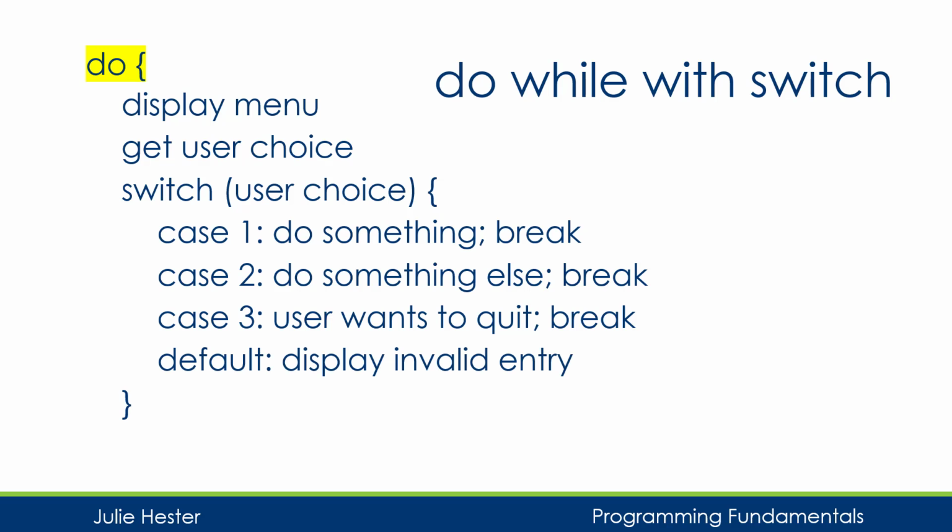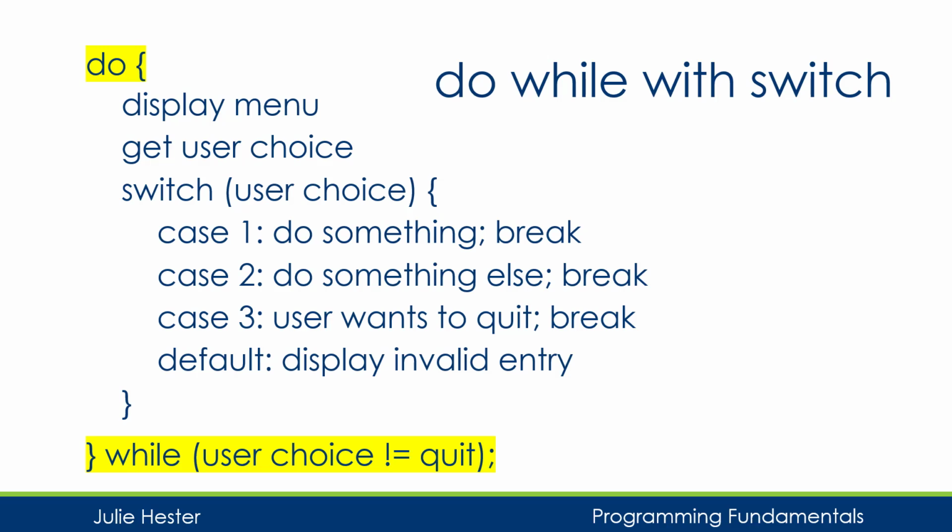And then the default works really well in this case because if this was a menu that only had 3 options and the user did not choose a 1, 2, or a 3, then I can display some type of error message because I know the user made an invalid selection. And that will finish out my switch statement.